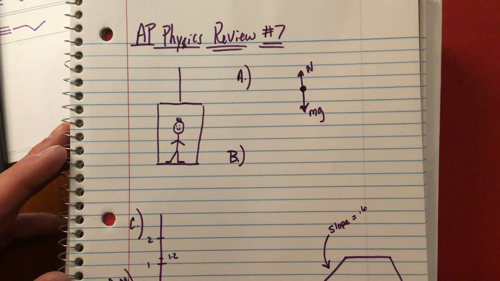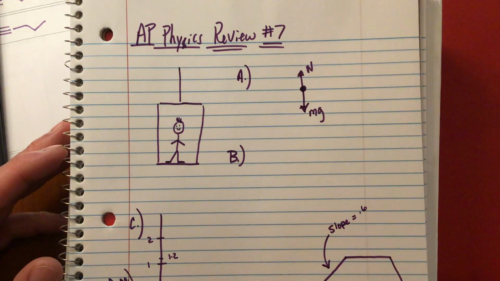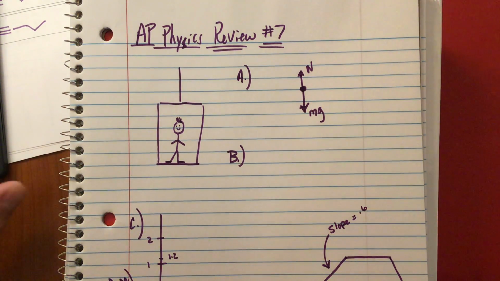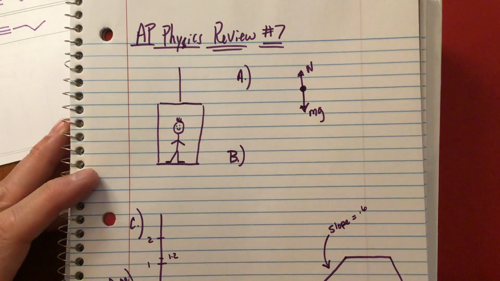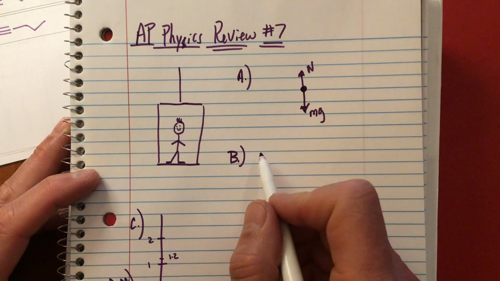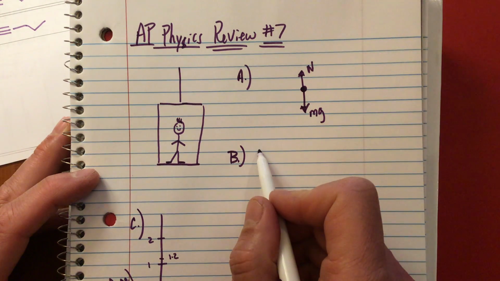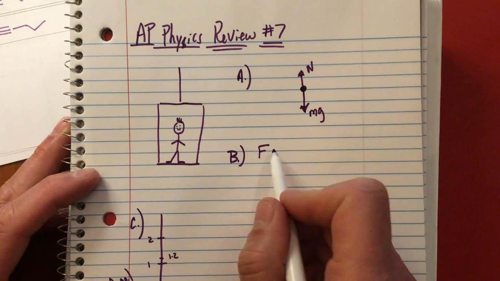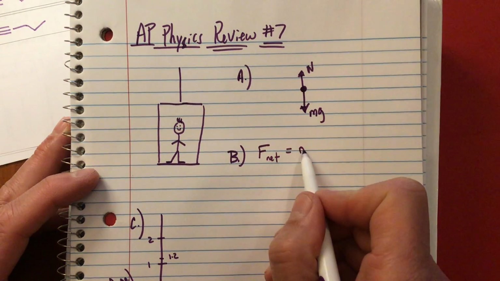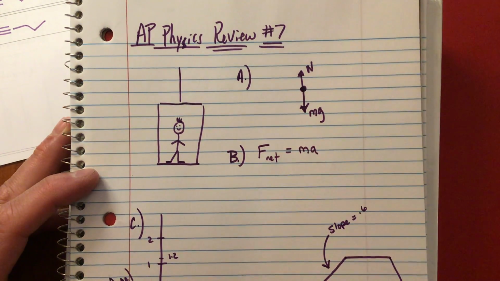Next, it says derive an expression for the reading on the scale in terms of the acceleration a of the elevator and the mass m of the student. Okay, so if the elevator is now accelerating, then there would be a net force, and that net force would equal the mass times the acceleration of the student.